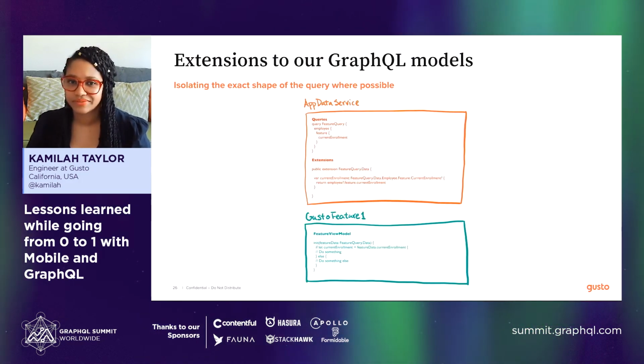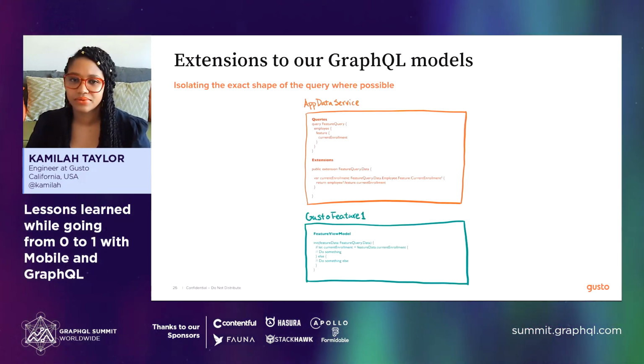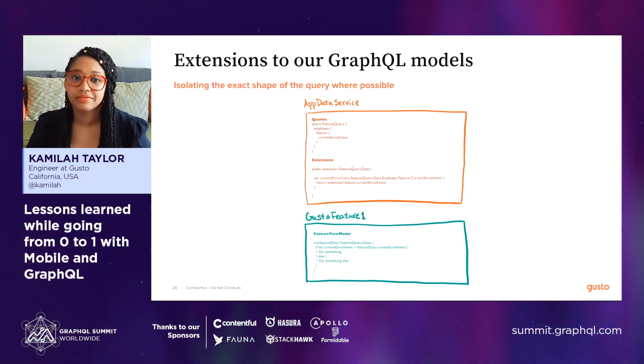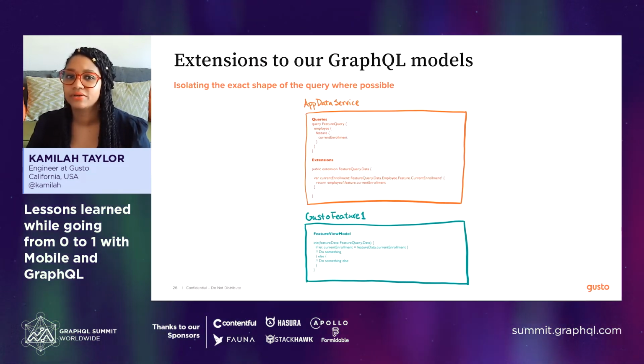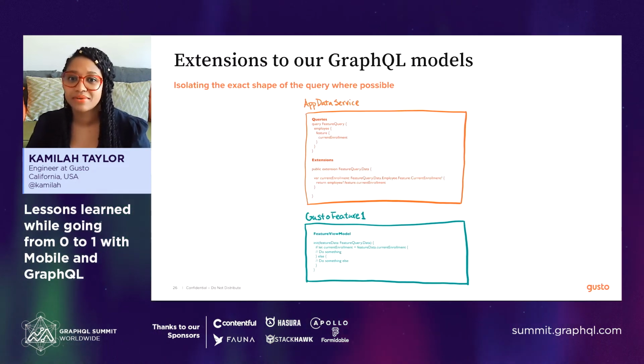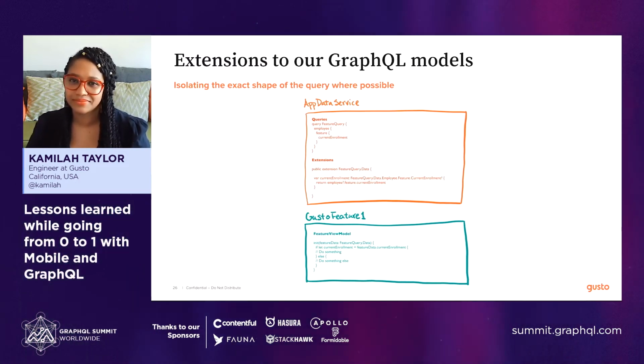Enter the magic of Swift extensions. When we add an extension to that GraphQL generated model, featureQuery.data, we can encapsulate the logic around where in the tree this value lives, and the rest of your app never needs to know. Here, we've defined a currentEnrollment variable that returns employee.feature.currentEnrollment.